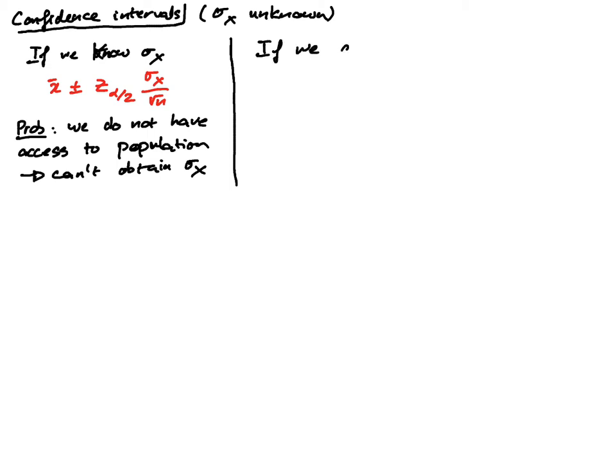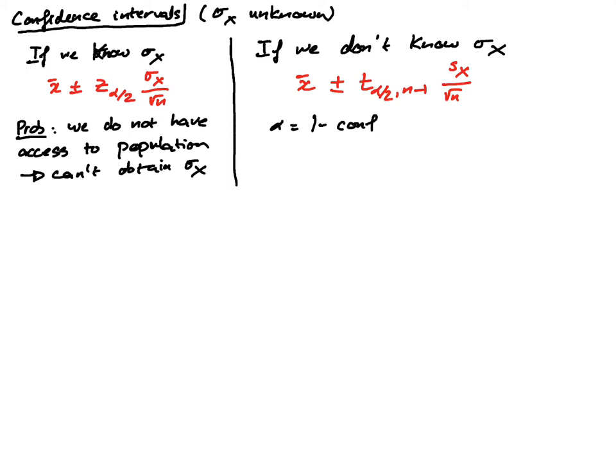So if we don't know sigma x, in order to construct confidence intervals, we will use the following formula: x bar plus minus t sub alpha over 2 with n minus 1 times sx divided by the square root of n, where alpha is still equal to 1 minus the confidence coefficient.